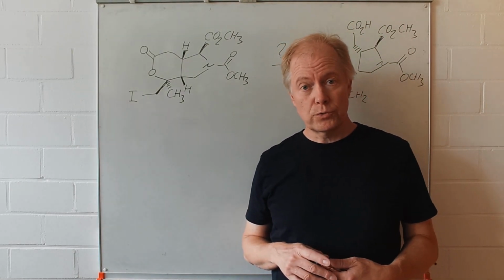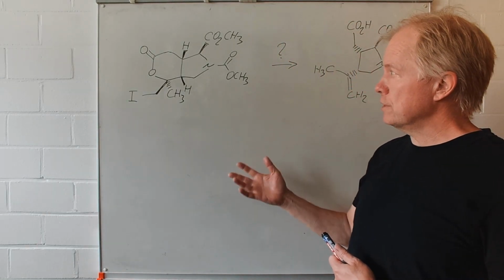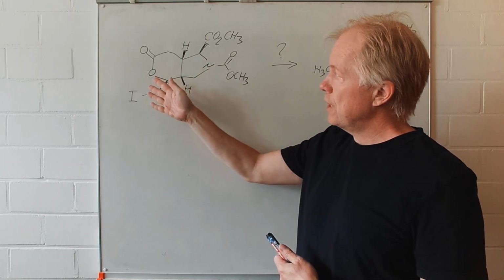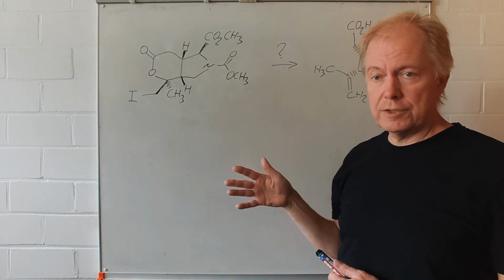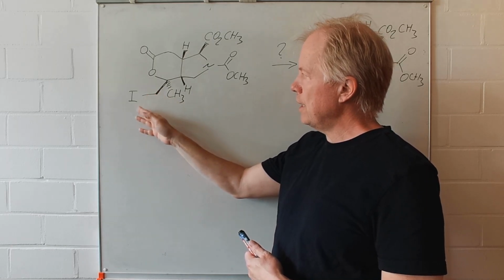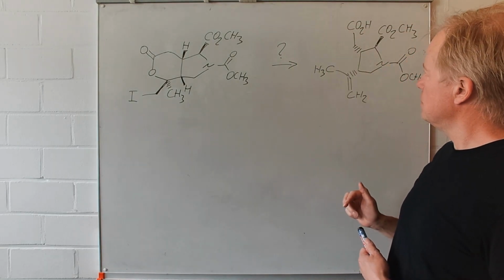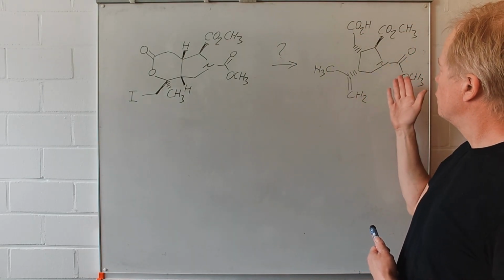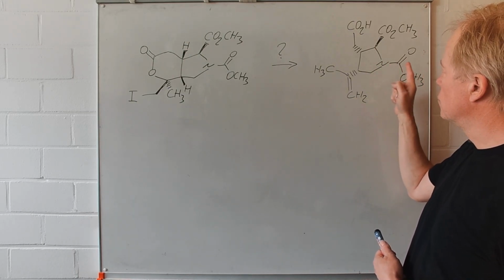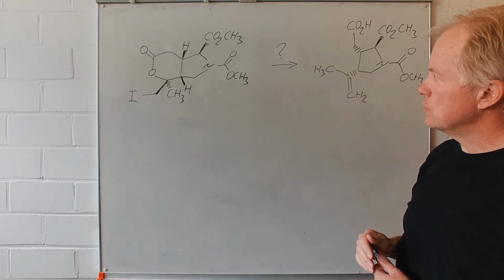In today's tutorial, we will try to solve the problem of how to get the transformation done from this highly functionalized bicyclic system with an iodide and a lactone moiety to this monocyclic system, a tetrahydropyrrole functionalized with a carboxylic acid and here an olefin.